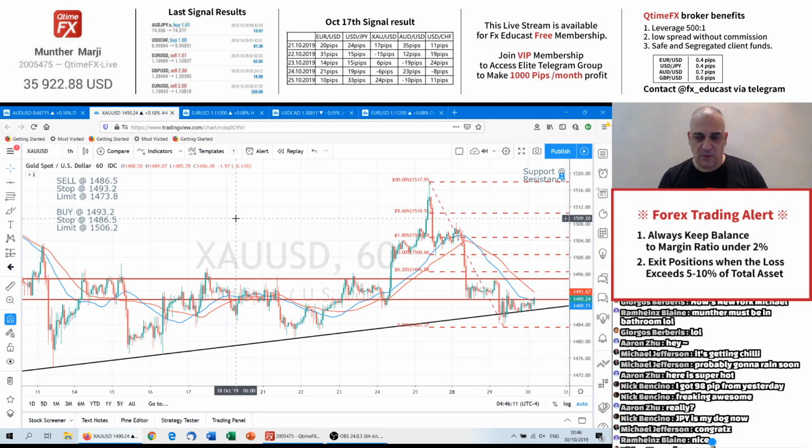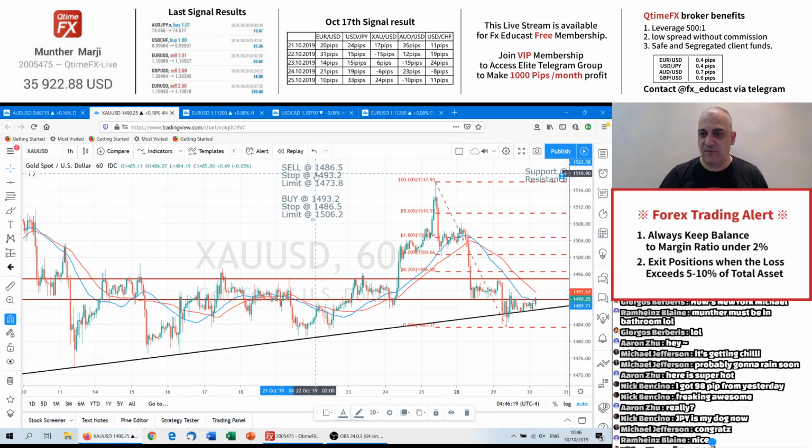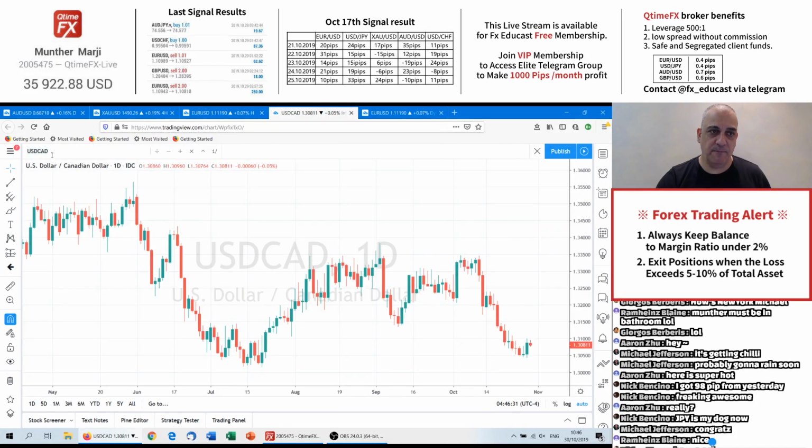For the short term, since we only have 10 to 15 minutes, I don't think we have enough time to talk about another instrument. But what I really want to do here is take a look at gold in the long run. All these trades, of course, are not for the long run.